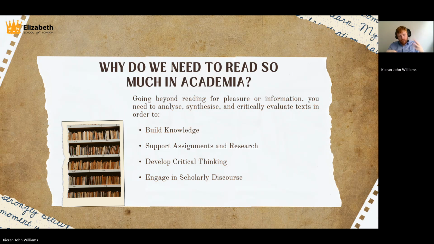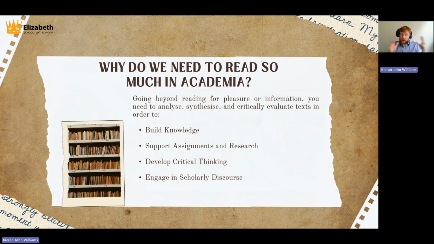So, reading in academia. This goes beyond just reading for fun or reading to find out where your train is leaving from, okay? Because what you need to do is analyze what you read, synthesize it, we'll look at this later on, and critically evaluate the text that we have just done. Okay, so that's three different skills, three different reasons for you reading, but let's think about how you can actually use them.